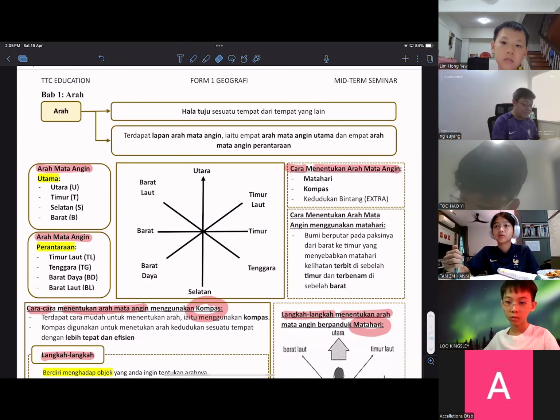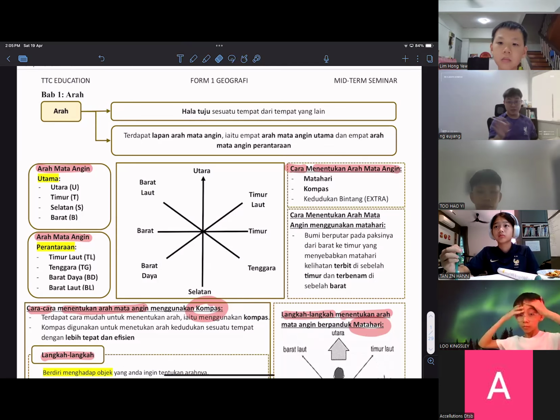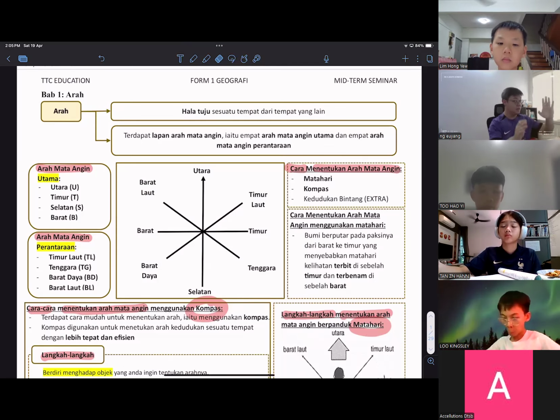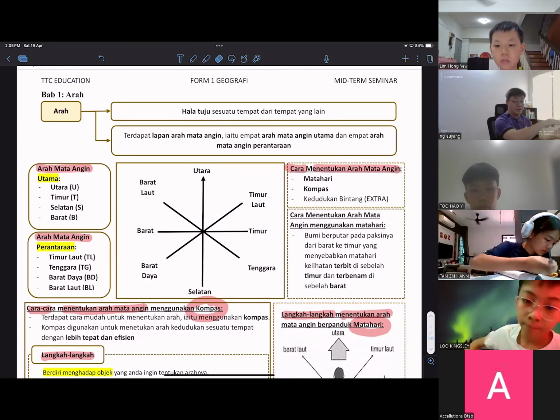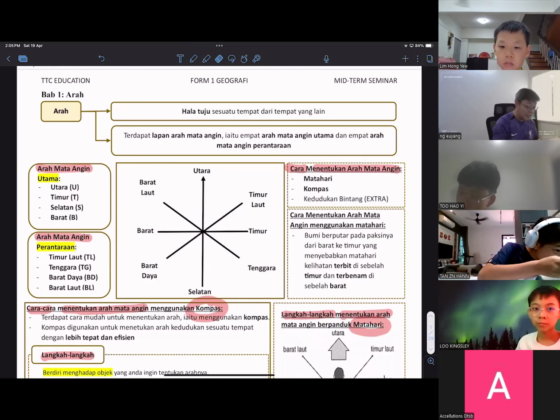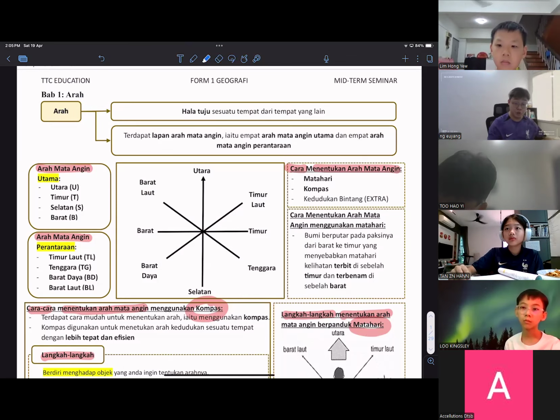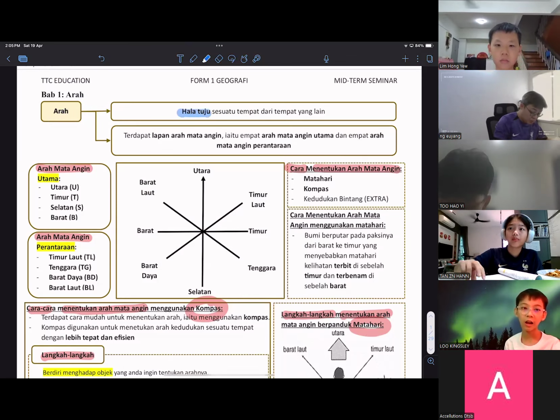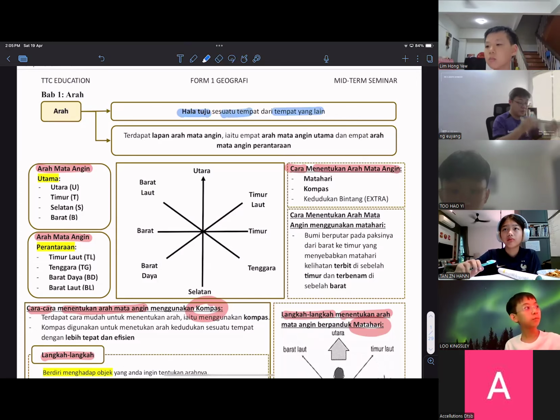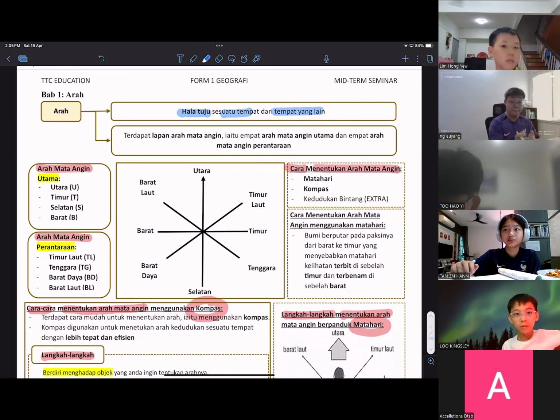Okay, so guys, your part one is arah. Yeah, because in this current PC, your all chatting system is in front of me, and this is for camera part only. So guys, arah direction. Arah for the definitions, maksud is hala tuju from one place to another place. So which means hala tuju sesuatu tempat dari tempat yang lain.